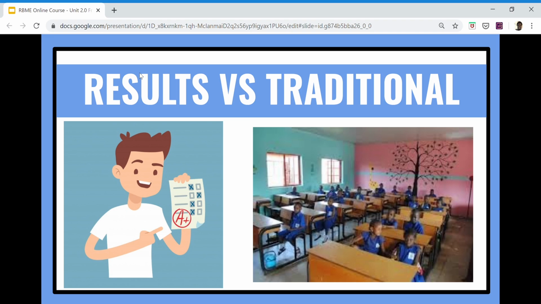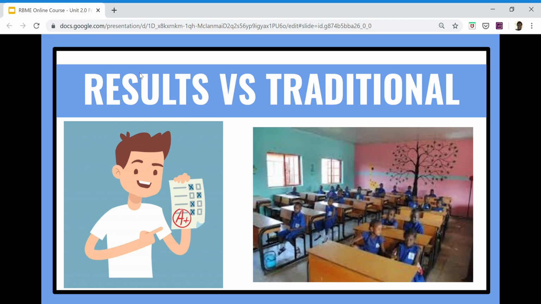So we might be looking at the test scores of these children. We might be looking at how much they can now read English or an improvement in their numerical skills. So results at this stage are measured till the impact level where we want to see those results actually happening.